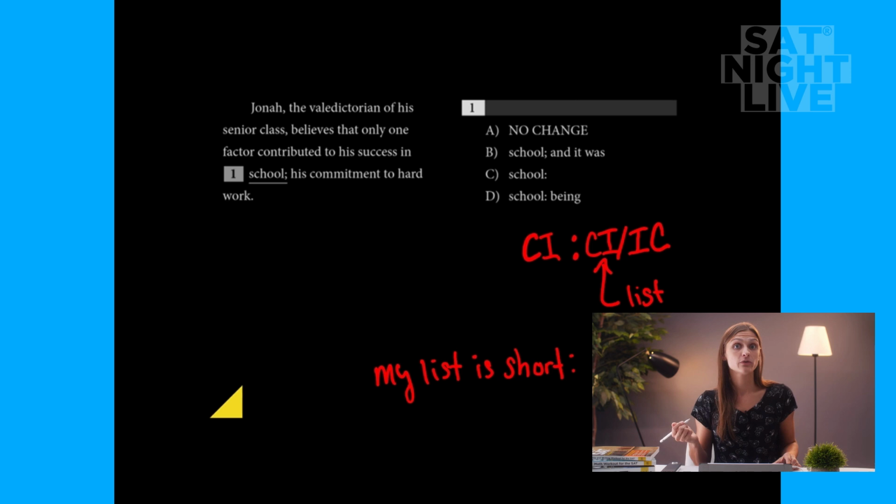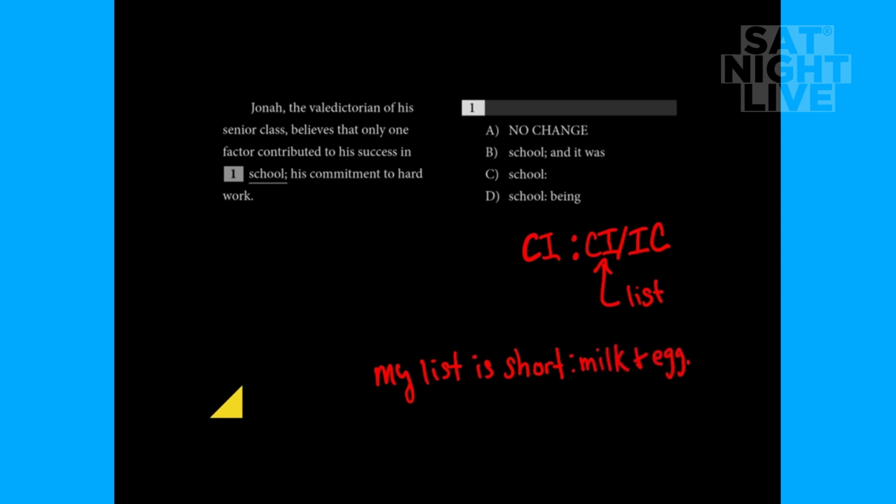Colon, milk and eggs. Okay, and let's pretend that this is a capital M here. All right, so that's one example. We can have a list. We might have a detail, something that's detailing or elaborating upon the first part of the sentence, and it might be some sort of explanation.